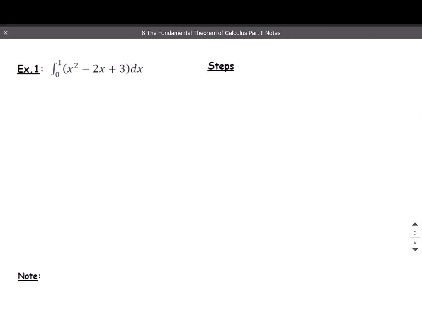Here's the integral from 0 to 1 of x squared minus 2x plus 3 dx. Now the first step is to find the antiderivative. So I'm going to open up square brackets here.